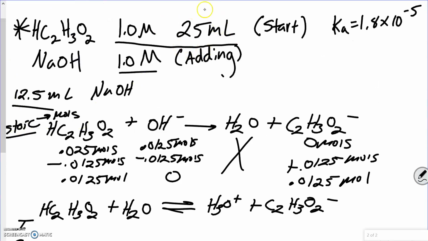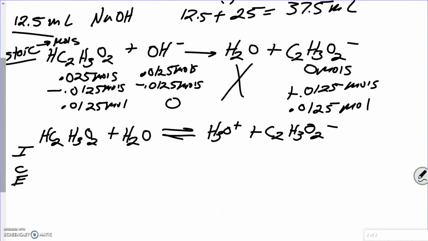So we have 25 milliliters already. We added 12.5 milliliters, so 12.5 plus 25 gives us a total of 37.5 milliliters. So we're going to come down here, take our 2 mole values, and divide them by 0.0375 liters, because remember this is liters.